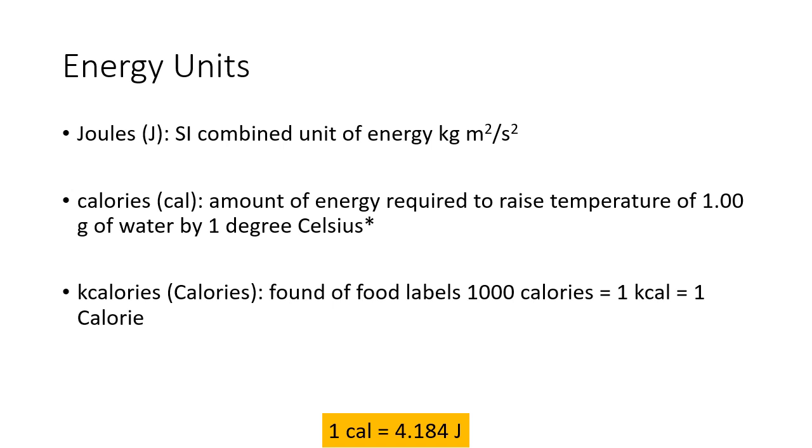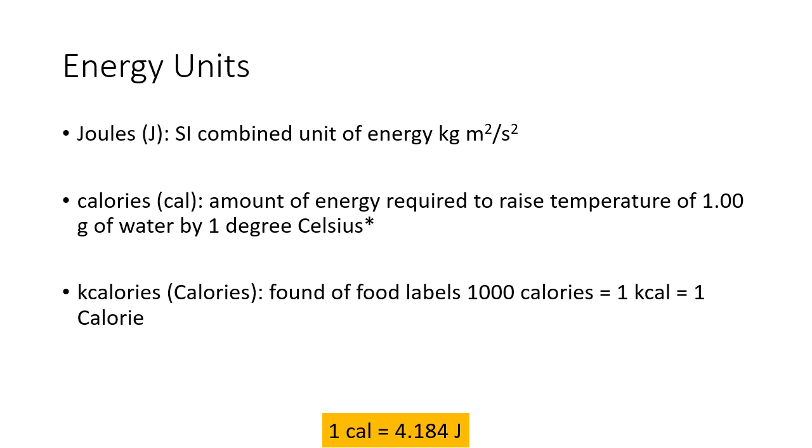The measurement of the calorie is dependent on the starting temperature of the water and the atmospheric pressure. So we now heavily favor the joule because it is a more consistent value, but we still use the calorie on nutrition labels. And you may be thinking, how? Why? What are you talking about?